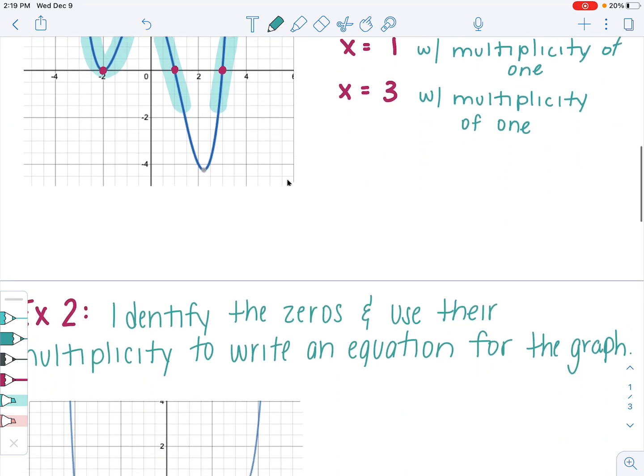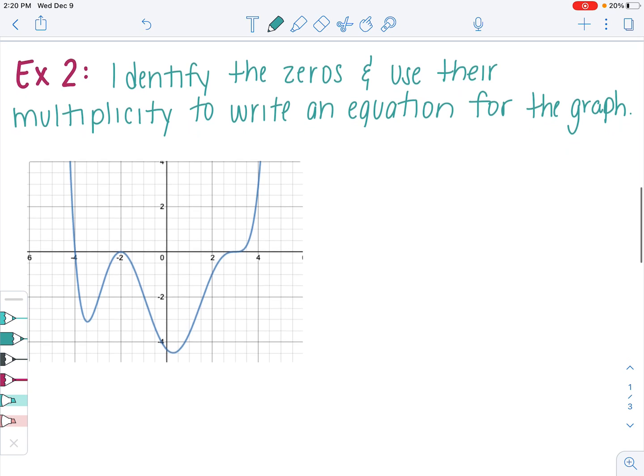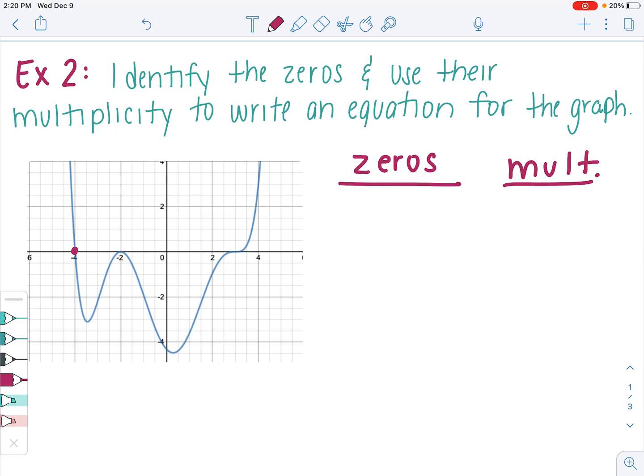So if I give you another example, I could say, identify the zeros and use their multiplicity to write the equation. So first, let's pick out our zeros. Let's also pick out their multiplicity. I see my first zero is at x equals -4, and since it passes straight through my graph, that has a multiplicity of 1.